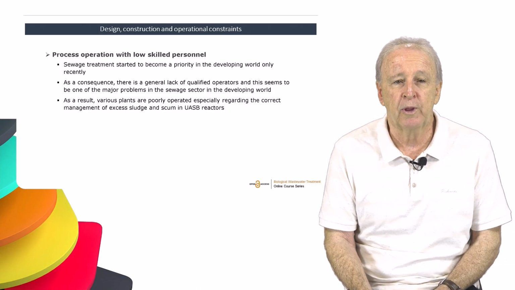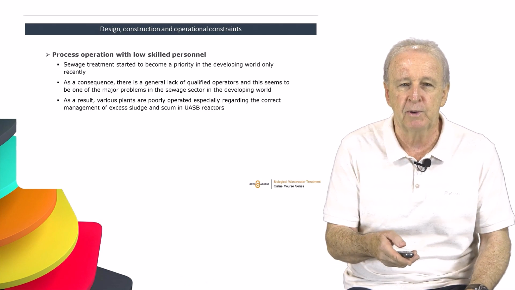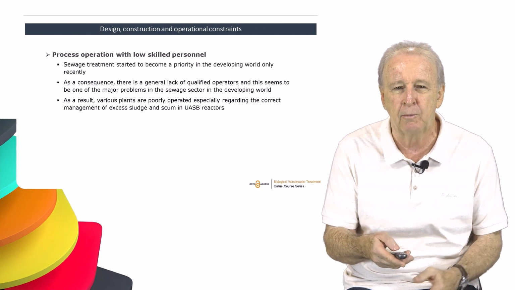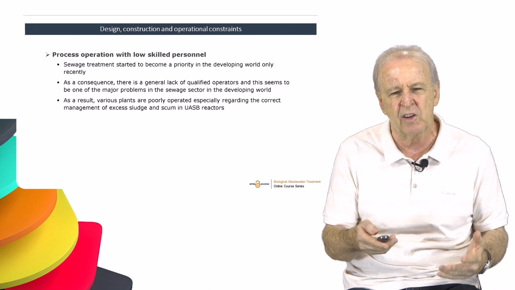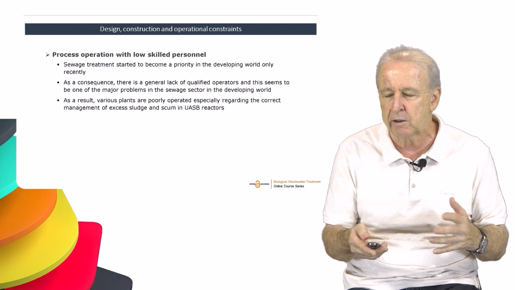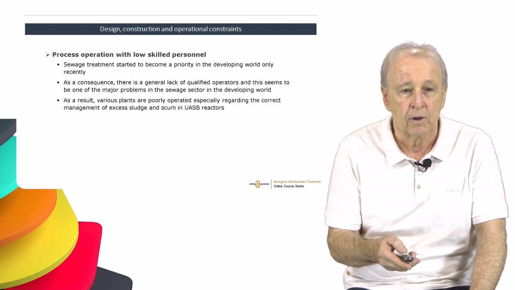Process operation with low-skilled personnel. Sewage treatment started to become a priority in the developing world only more recently, maybe in the last 20, 30 years. So there is not yet an established culture on wastewater treatment and also on design, construction, and operation.